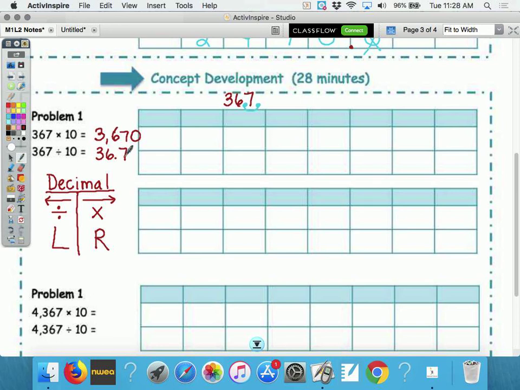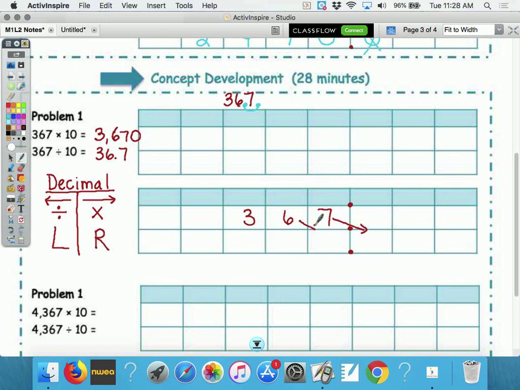I know. So you go ahead and hop your decimal one place value to the left. Write your new answer. We're going to check it on the place value chart. Okay, so 367 divided by 10. Which way do the digits move?